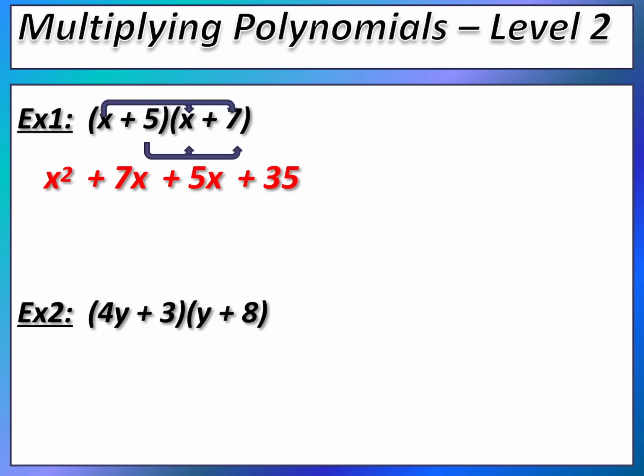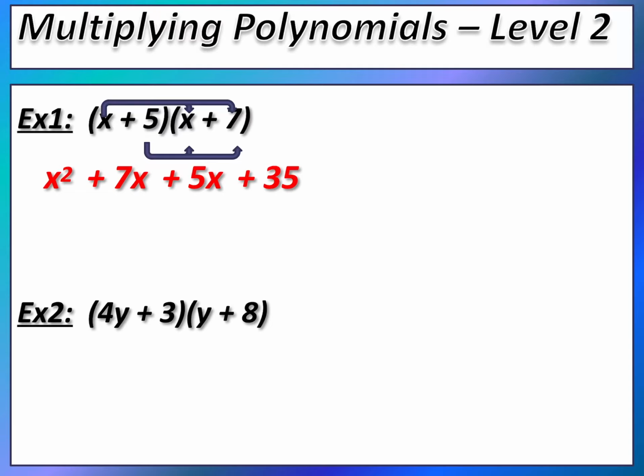Okay, so all FOIL does is make sure that you multiply both of the terms in the first binomial to each term in the second binomial. You want to get all combinations of the multiplication there. Now, there is a second step to this problem because I noticed that there are like terms in the middle, 7x and 5x.